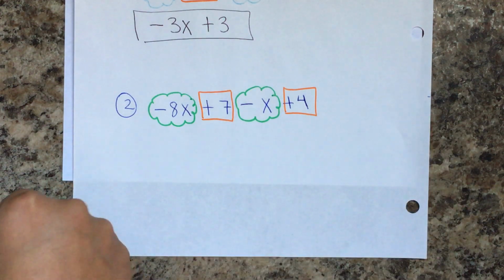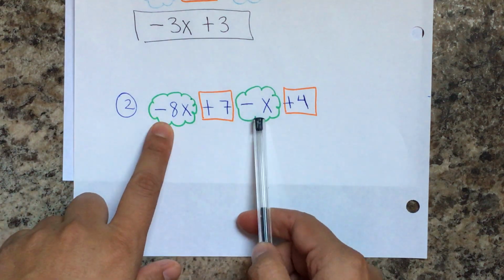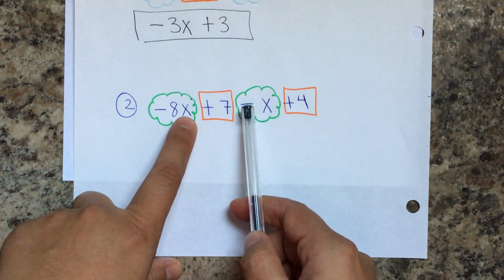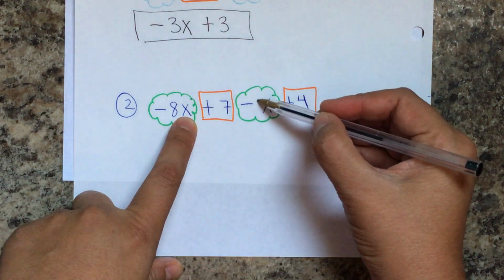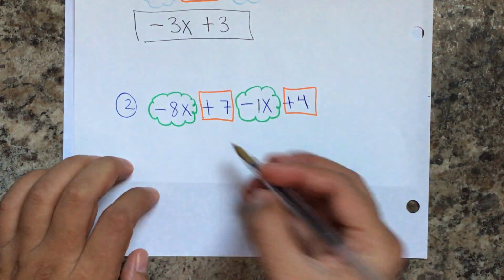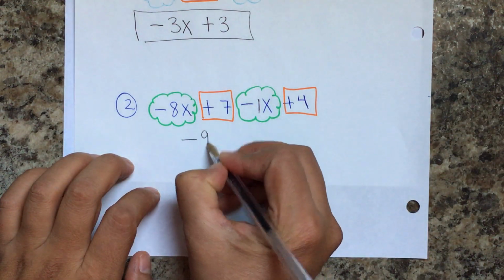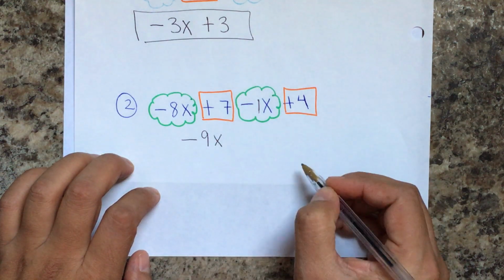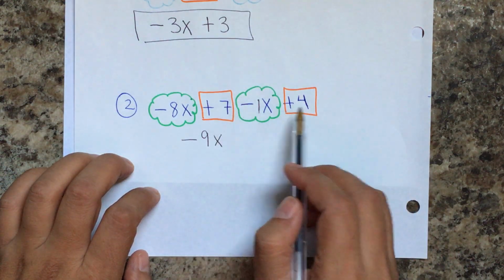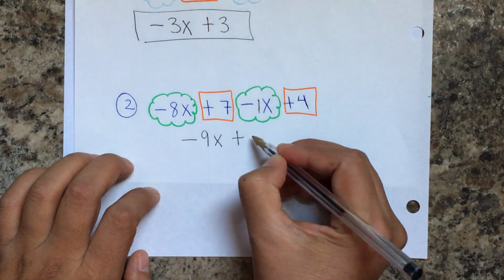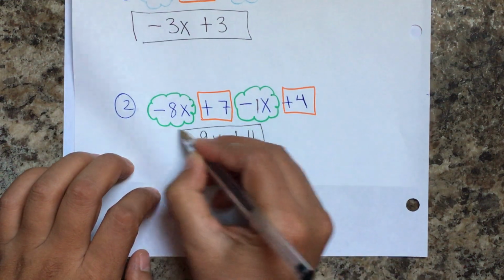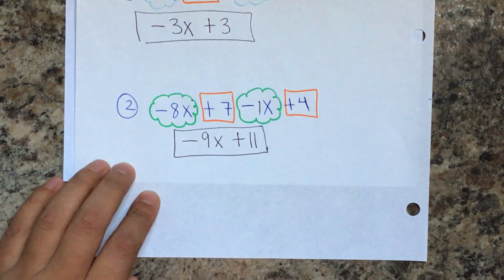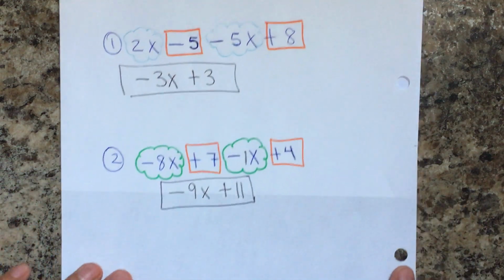Okay, so from these two, I owe 8 and I owe 1 more. If there is nothing in here, there's a 1. So that means that I owe 9x. And then positive 7 and positive 4 is positive 11. Same sign, we add and keep the sign of the greater one. Okay, so that's it. That's how you simplify.